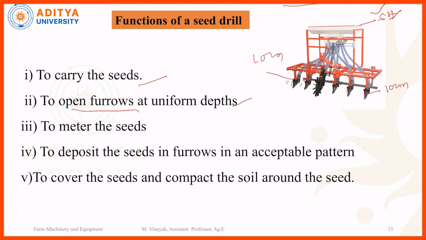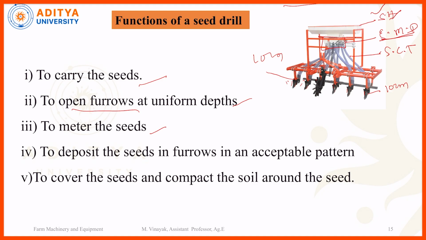Next is to meter the seed. To meter the seed means to maintain the seed rate, so that whatever seed is required in a particular area flows from the seed metering mechanism. These are the seed tube, the seed conveyor tube. In between the seed conveyor tube and seed hopper, this position holds the seed metering device. SMD is nothing but seed metering device.